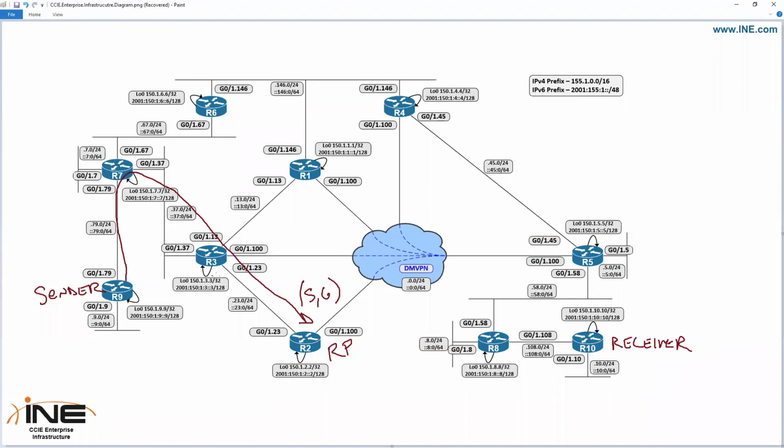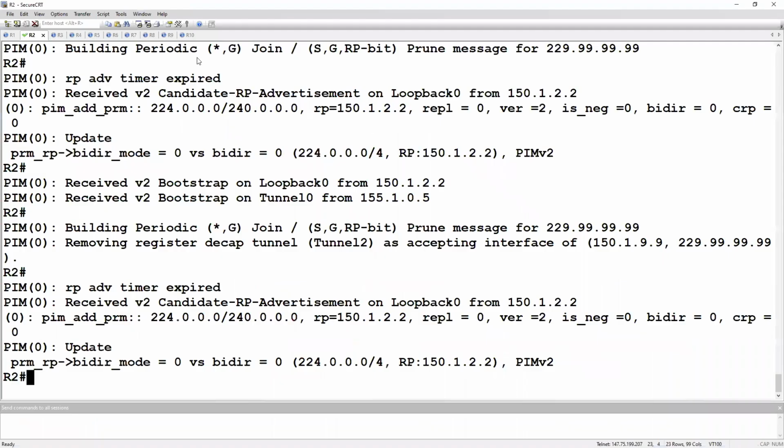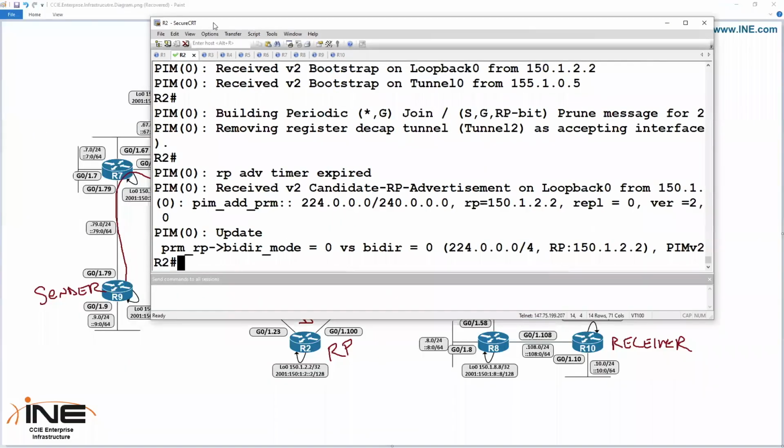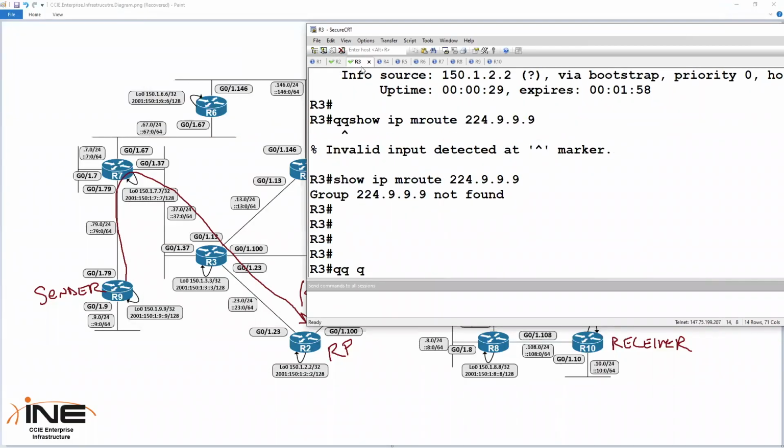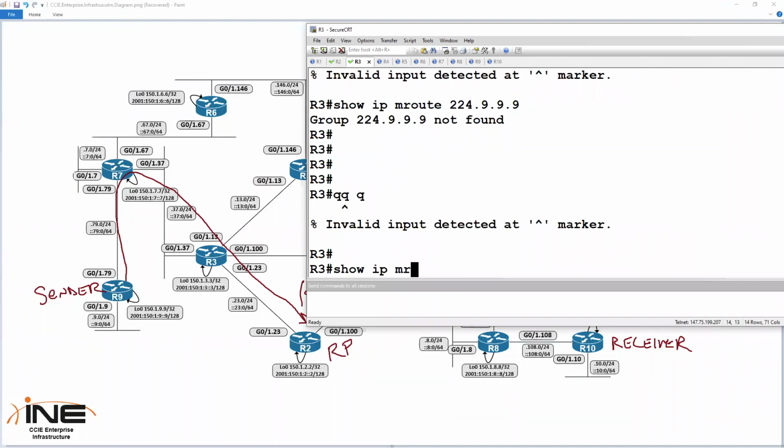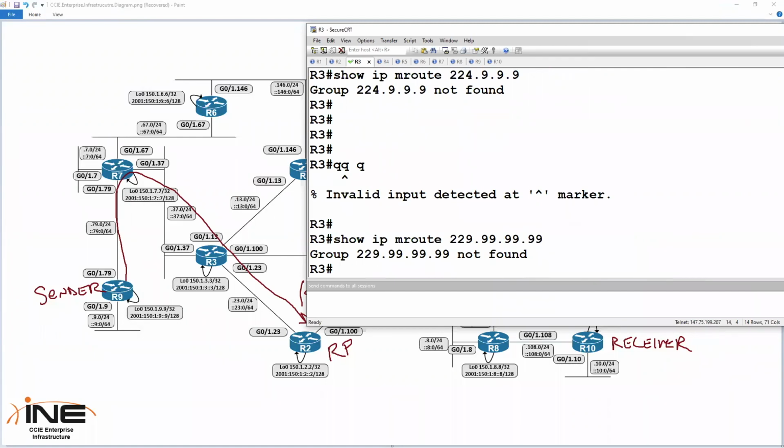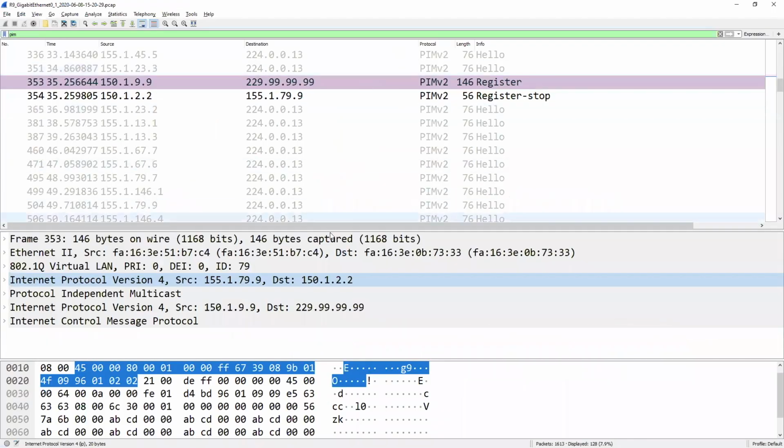Okay, this is the reason that other devices in the transit path, for example, router 3, if we go over to router 3 and we look at the show IP mroute 229.99.99.99, router 3 doesn't know about this group, because the unicast message is hopping over router 3 going to the rendezvous point. Okay, so that's the usage of the register message.